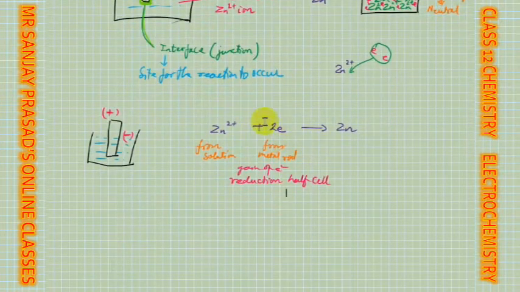So suppose this reaction takes place, that means this forms the cathode. Clear? So this one is your cathode. If this reaction takes place, this forms the cathode. Is it clear? This is one possibility. Another possibility of what can happen is this. Look here.